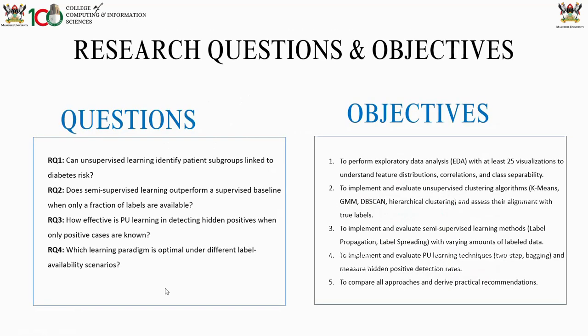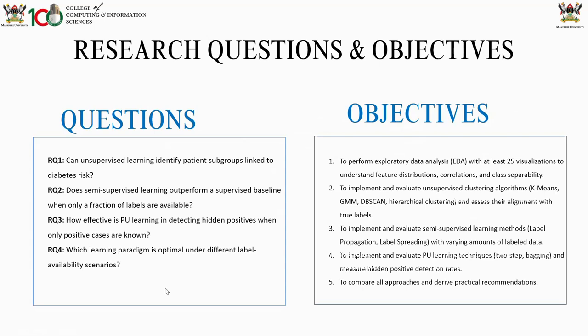And then what drives our research? That is our research questions and objectives. We have basically 4 research questions and 5 research objectives. The first question is: can unsupervised learning identify patient subgroups linked to diabetes risk?